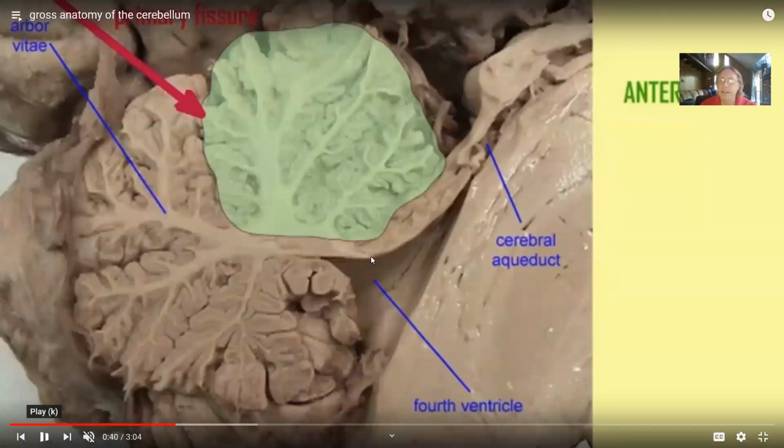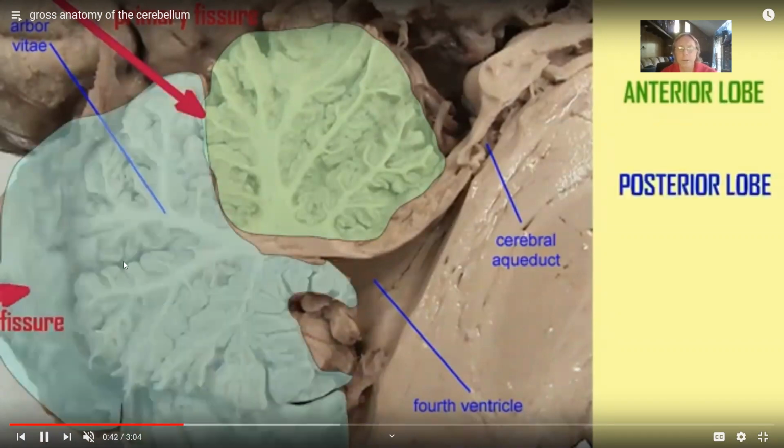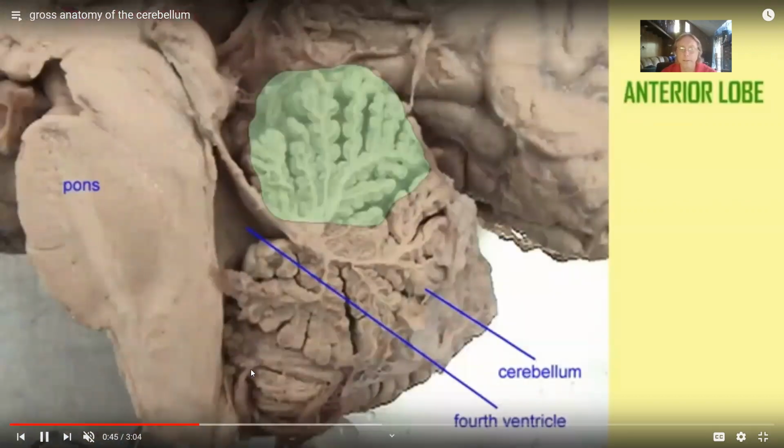We could split the surface of the cerebellum into a number of lobes. So there is an anterior lobe, which is separated from the rest of the cerebellum using this primary fissure. The largest of the lobes is known as the posterior lobes, and there's a couple of fissures, including the horizontal fissure.